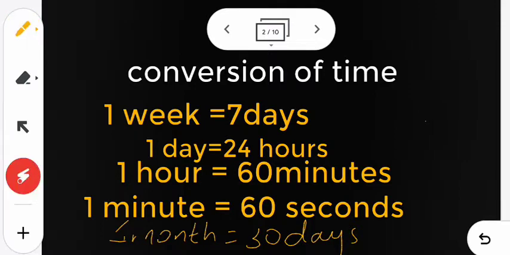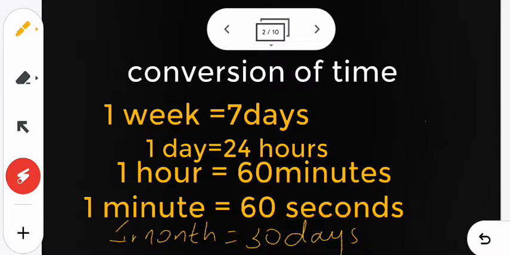In a month we have 30 days. See here, suppose if it is February, we have only 28 days, but for conversion we will take only 30 days in common. It will just be mentioned: convert these months into days.